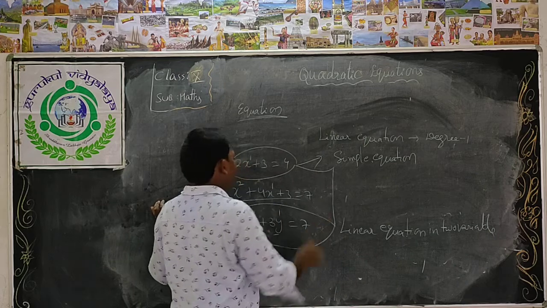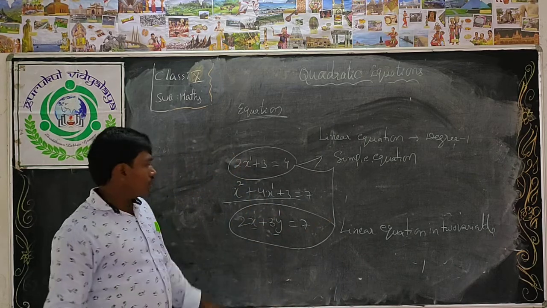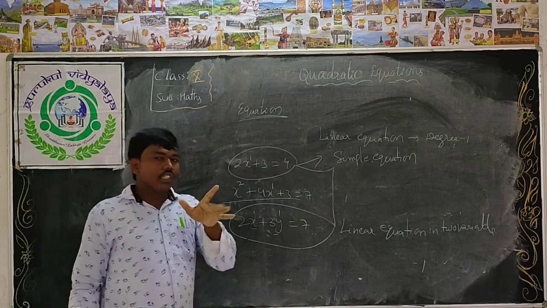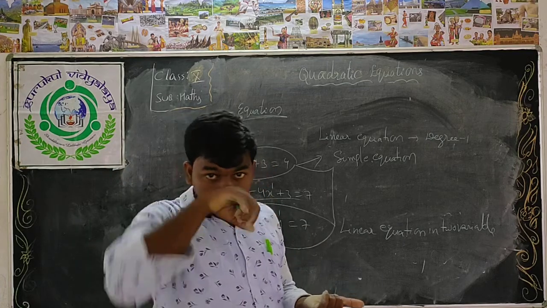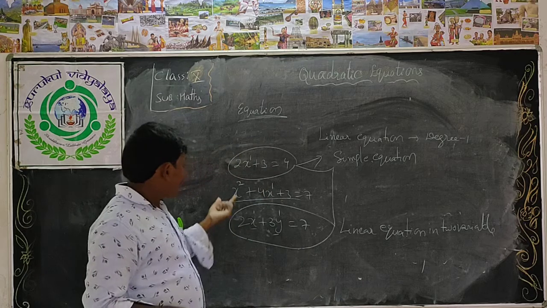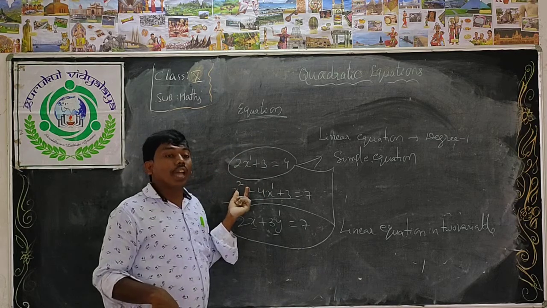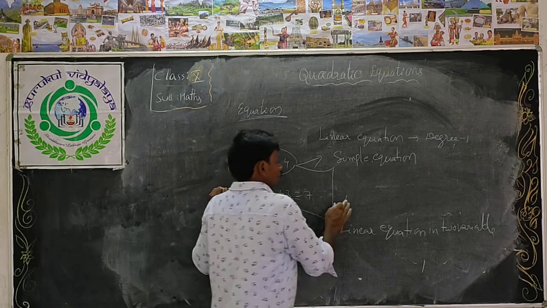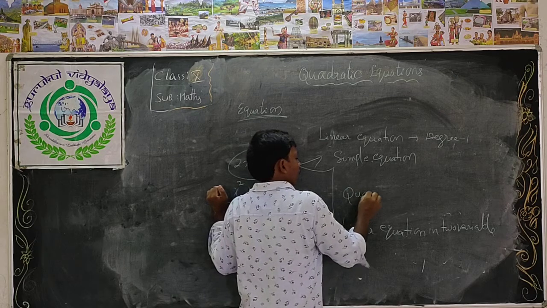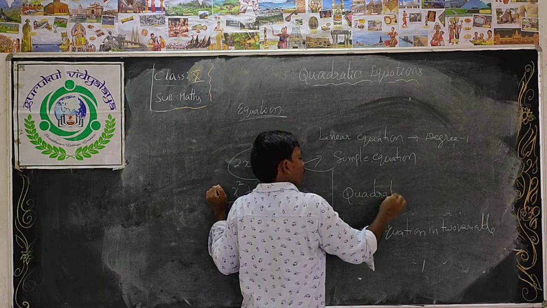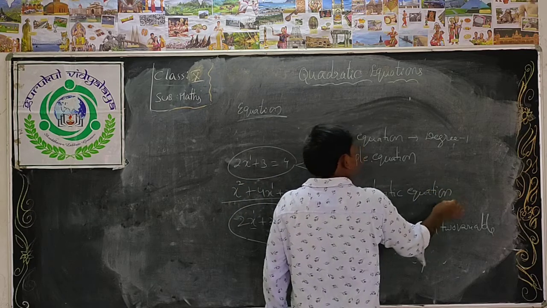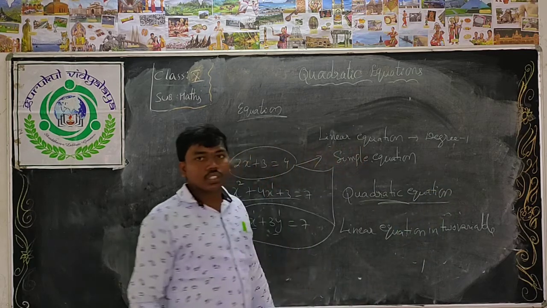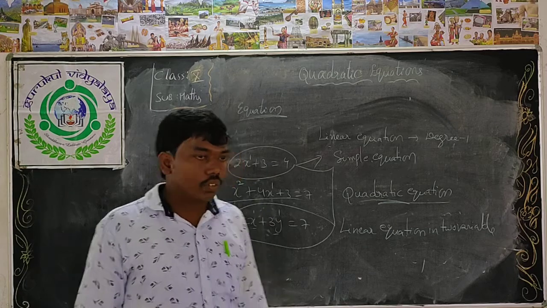Here only one variable, but the degree is 2. Degree 1 is called linear equation, and degree 2 is called quadratic equation.